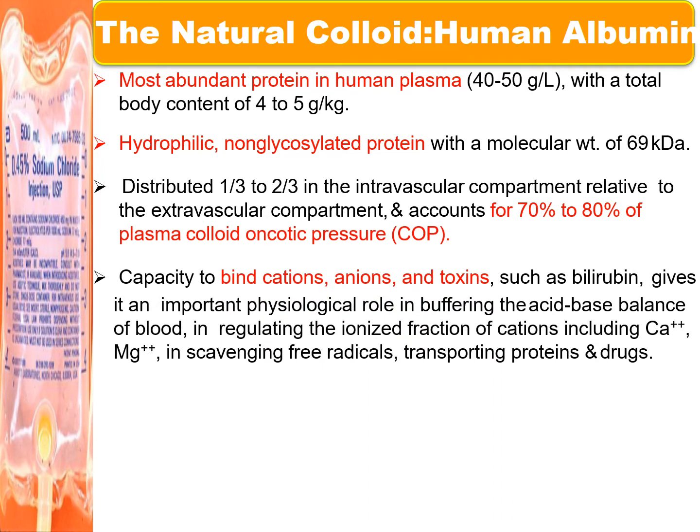The human albumin has the capacity to bind cations, anions and toxins such as bilirubin. With this, the human albumin plays an important physiological role in buffering the acid-base balance of the blood.